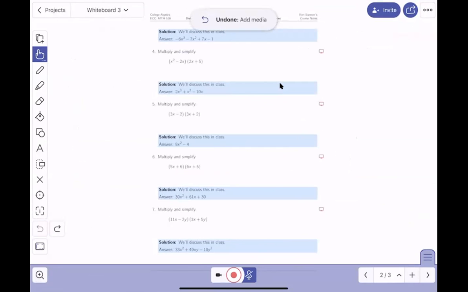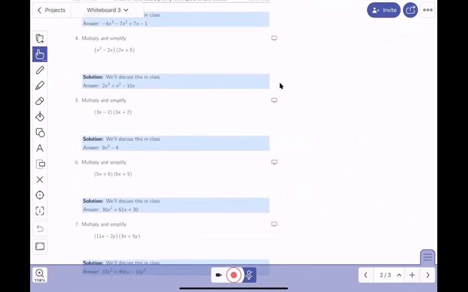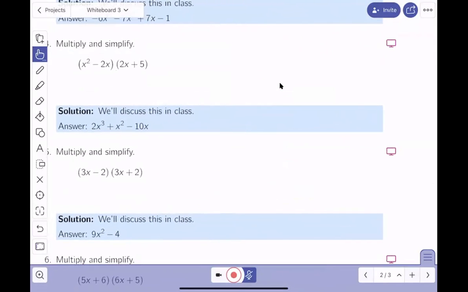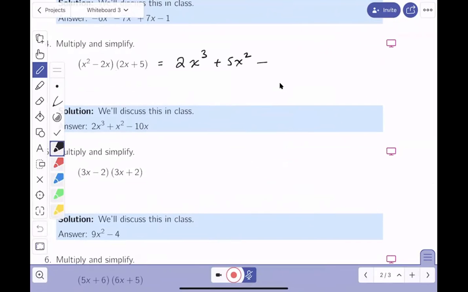And let's go to the next thing, which is the guy over here. And again, I'm going to do one thing at a time. And again, I'm getting a little better. So I'm not going to put my little arrows in anymore. What do I see? Well, 2x cubed. I'm distributing the x squared across those two terms, 2x and 5, plus 5x squared minus, well, 2x times 2x is minus 4x squared.